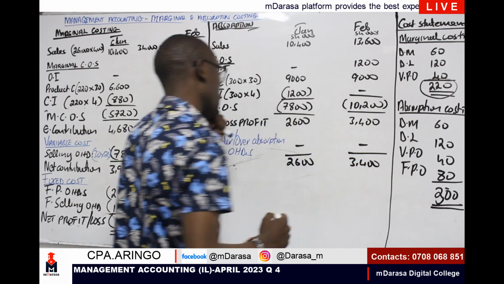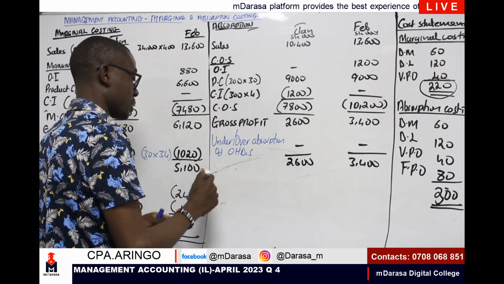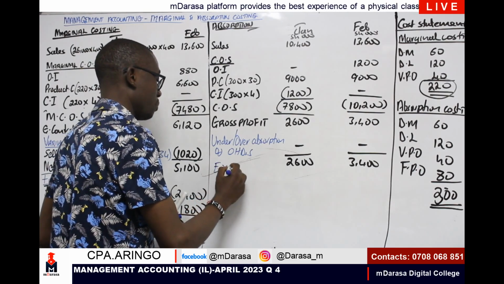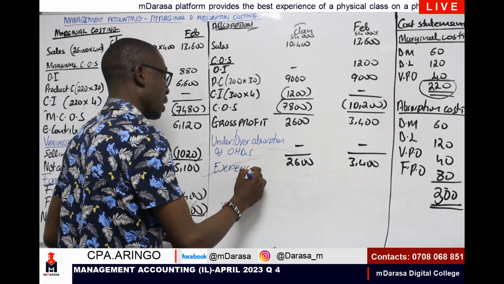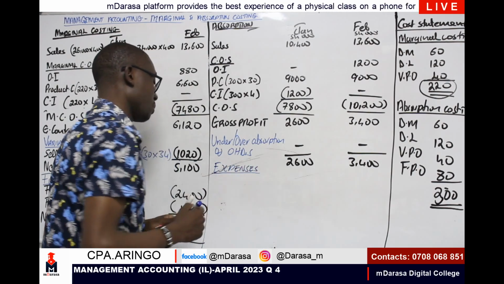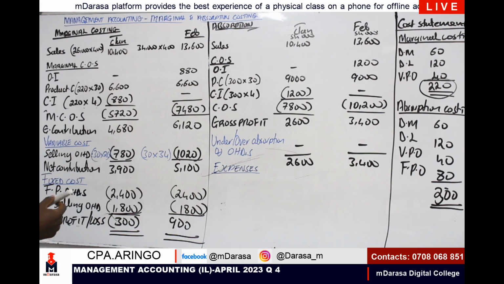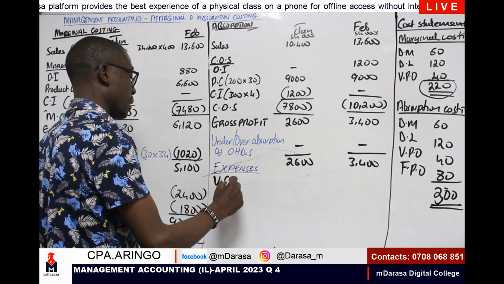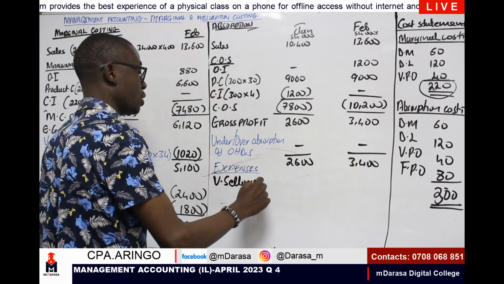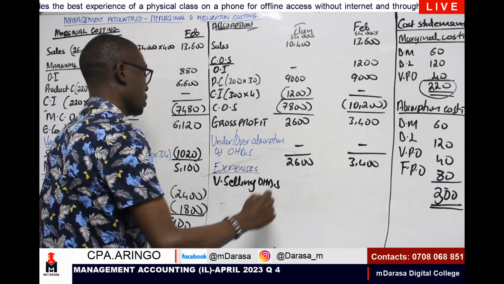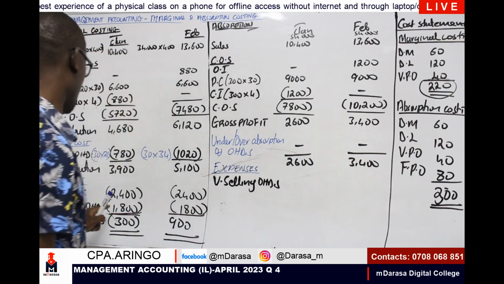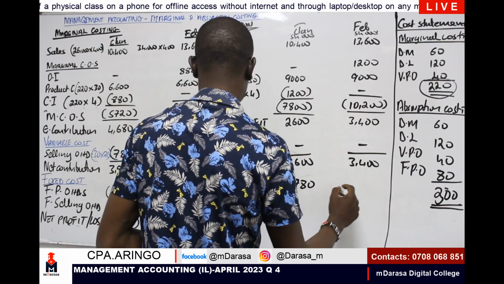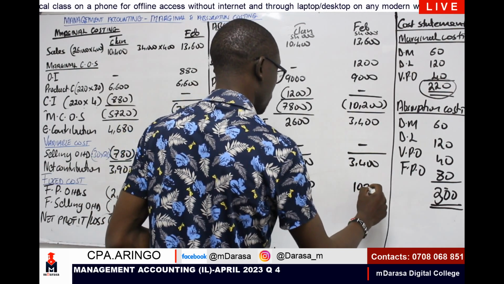So at the end of the day, talk about our expenses. How will be our expenses? Our expenses now, this will be easy because I'll just be taking our selling expenses, right? Which I'm having variable selling OHDs. I'm going to copy and paste. We had it here, which was 780. And for the month of Feb was 1020.